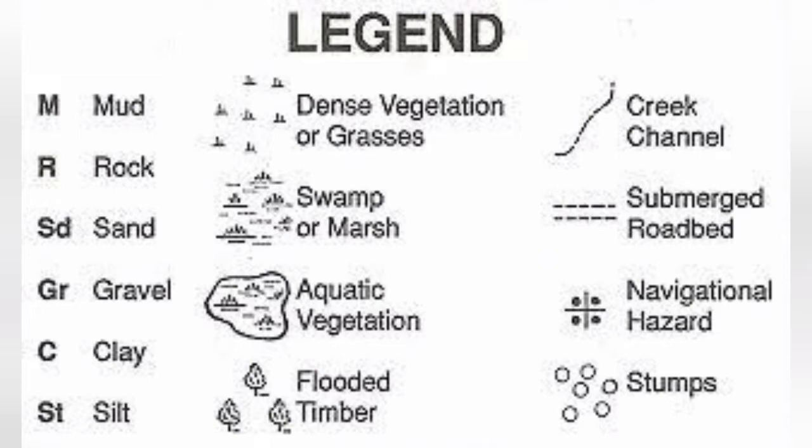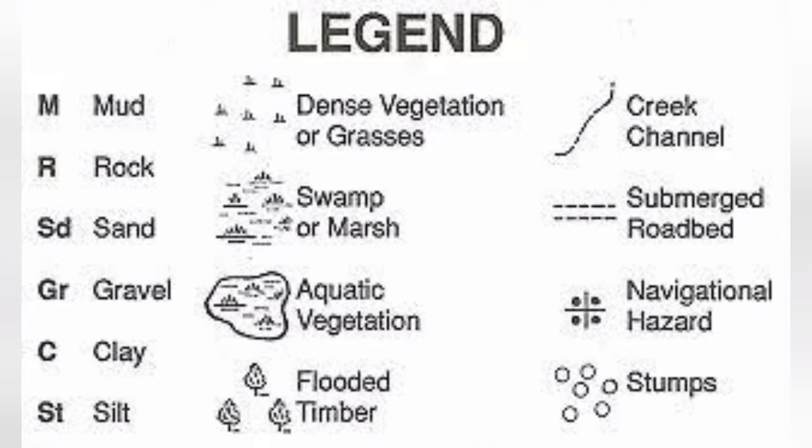Forest, canals, lakes, train railway station, and in this picture they have different ones. We have aquatic vegetation, flooded timber, submerged road bed and stumps, and navigational hazard, which is actually very good.